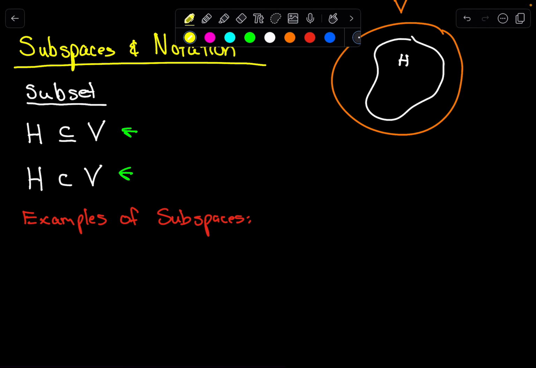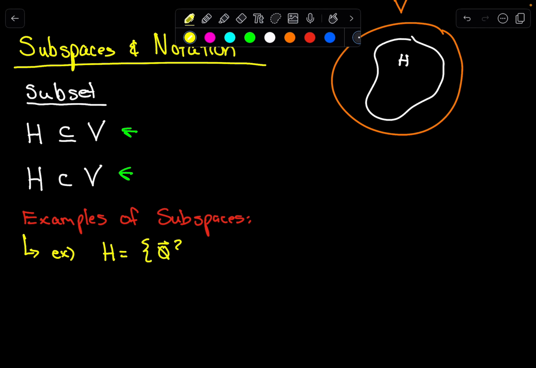P sub n, the polynomial space consisting of nth degree polynomials, is itself a vector space. We didn't prove it for all of them, but we showed that P1 is a subspace of P2, and the chain continues if you really wanted to do it.